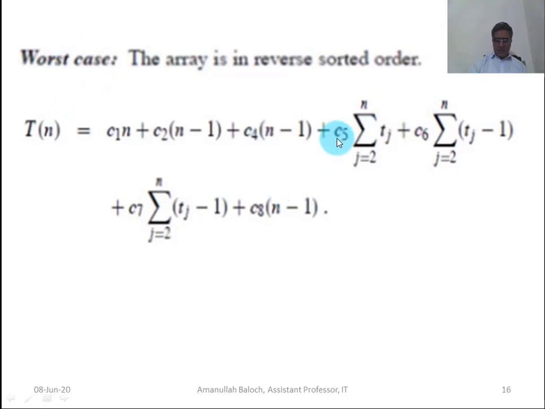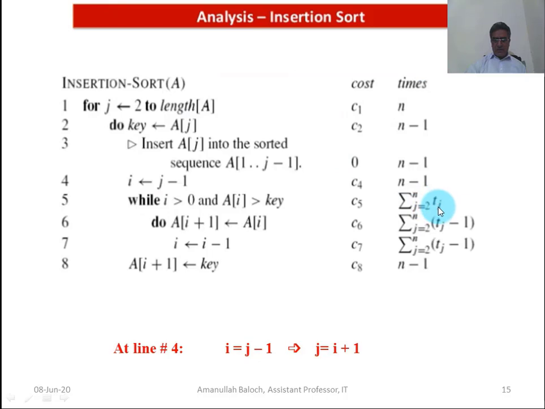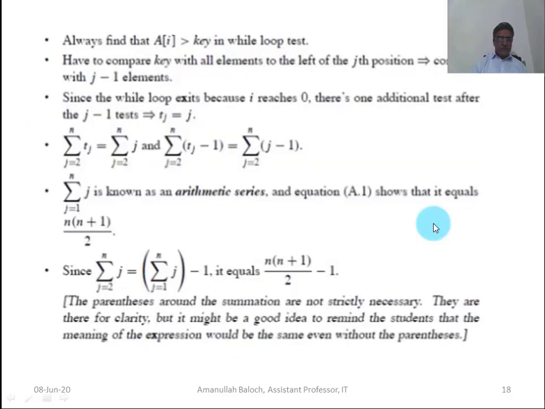In the previous slide, in this scenario, we simply write t j as j. So the execution count of the body of the while loop, summation j equal to 2 to n of t j minus 1, becomes summation j equal to 2 to n of j minus 1.